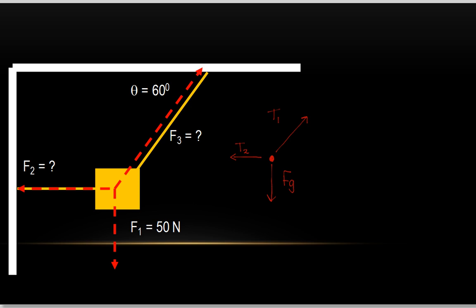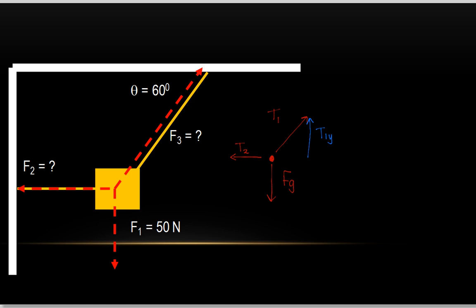Fg points down. So where is the up force that balances this? Which component of T1? Yeah, this right here, that T1y, that's what balances the Fg.